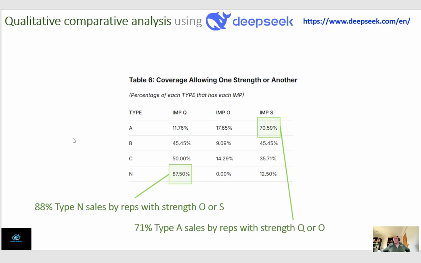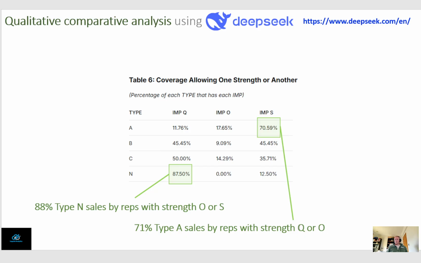And another interesting number, 70% and upward, usually for coverage, I find interesting. Sometimes for experimental studies, I use 60% as a threshold, but again, the higher, the closer to 100%, the better. In this case, you could say 71% of the type A sales are from reps that had either questioning or opening as a strength, right?